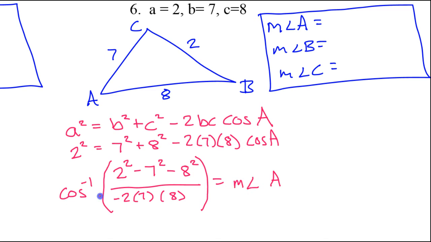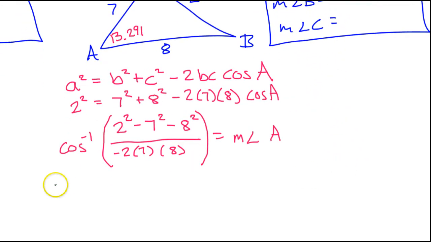So go ahead and put this entire expression in your calculator. Alright, so I got 13.291 for the measure of angle A. We'll find the measure of angle B exactly the same way. Since we are finding angle B, then we will start off with b squared.